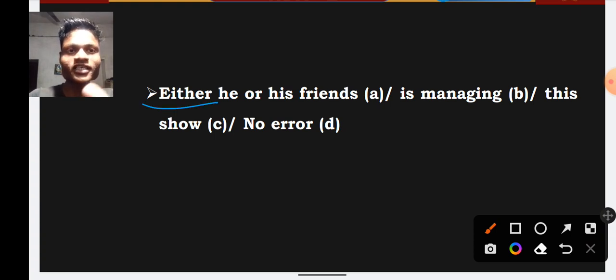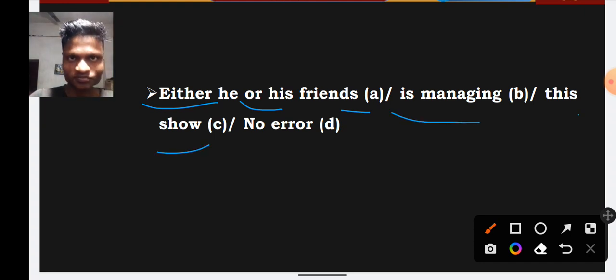Either he or his friends is managing this show. When either or is used between two subjects, then the verb is used according to the nearest subject.